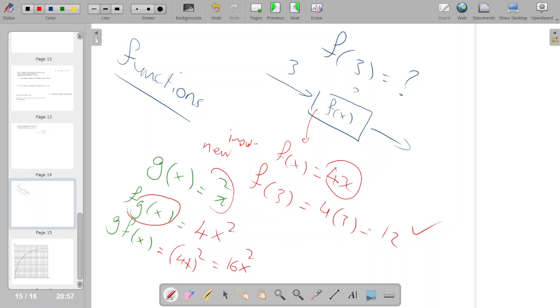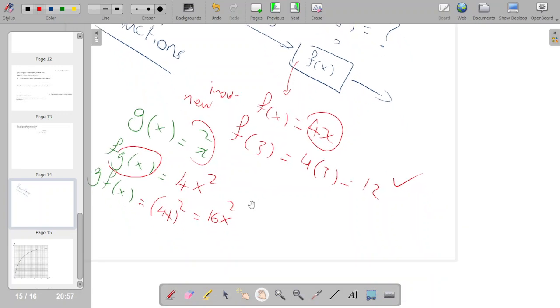Sometimes I'm going to ask you another thing. Maybe I will say solve f(x). Sometimes I'm going to tell you this: solve f(x) equal 12.